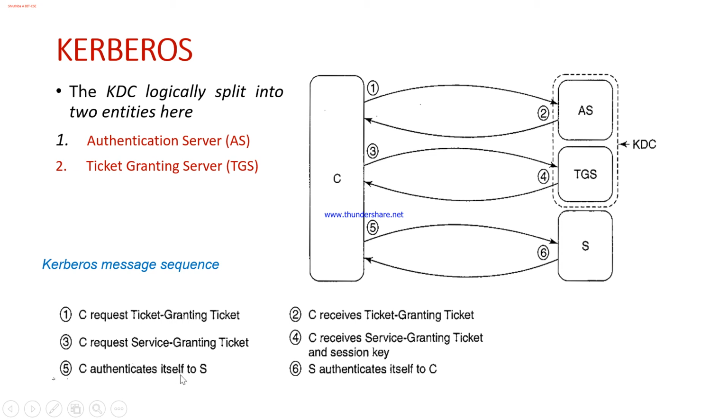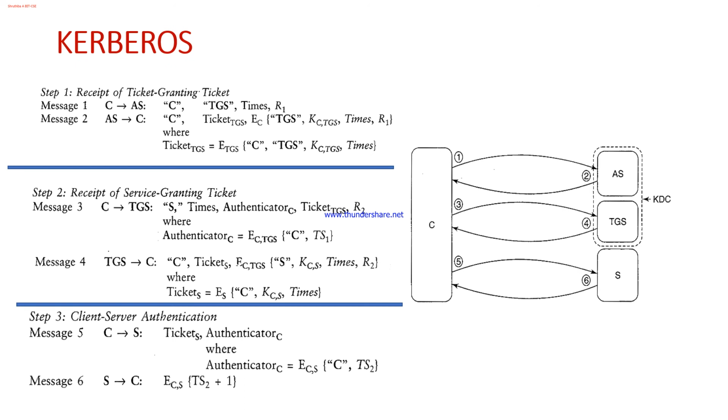C authenticates itself to the server by the service granting ticket provided by the TGS. And later on, even the server S will authenticate itself to C. So what exactly happens here, you can see we have 3 steps.